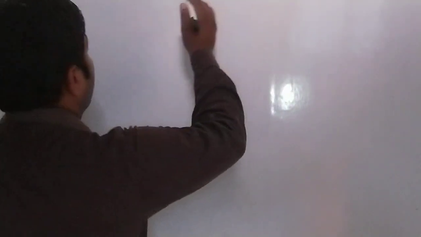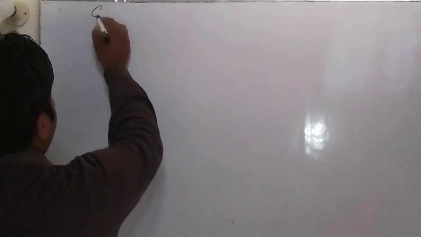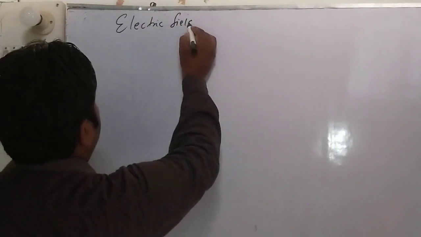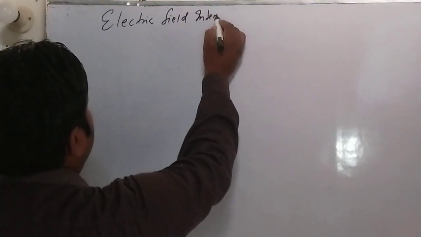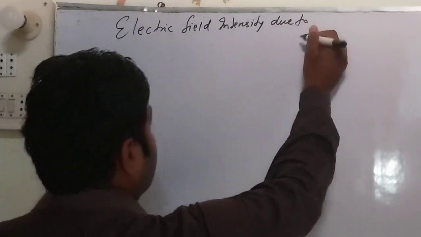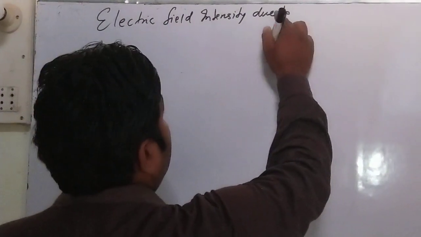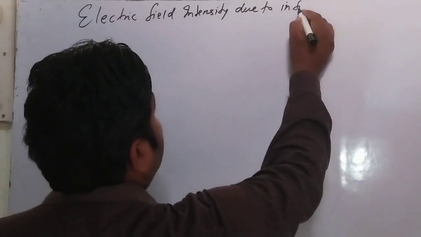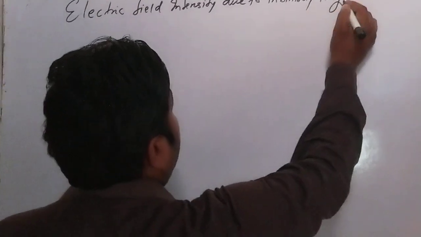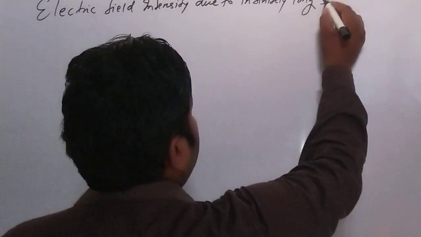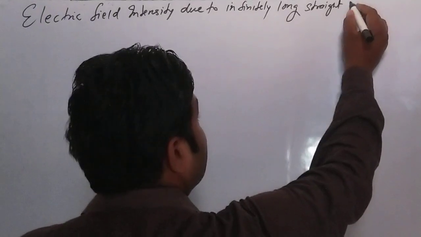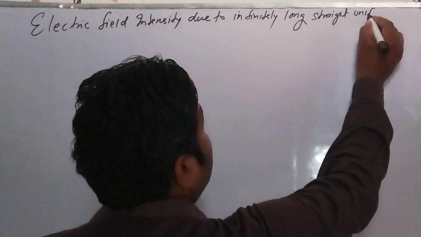Now, the topic is electric field intensity due to an infinitely long straight uniformly charged wire.